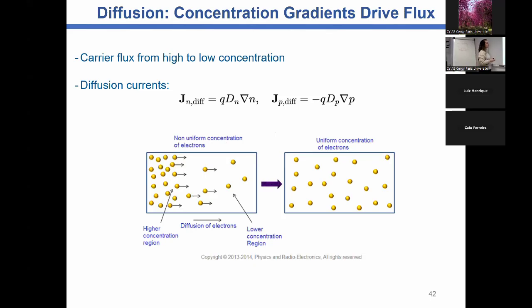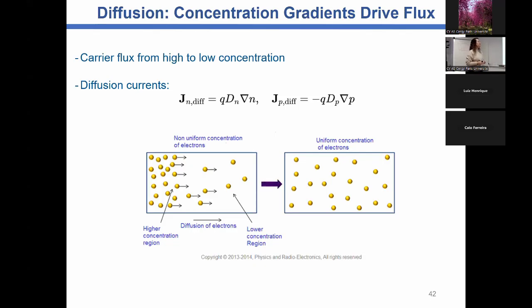So in terms of diffusion, we must know the number of carriers. With this gradient here, gradient n means the number of free carriers that we have in the material. If it is negative, it is n type. If it is positive, it is p type.